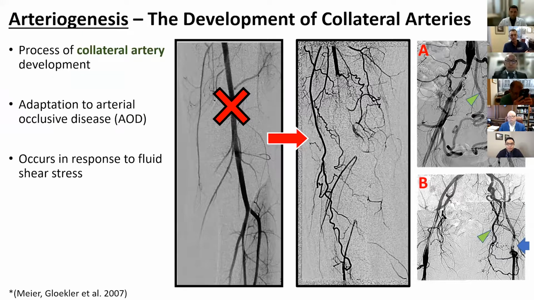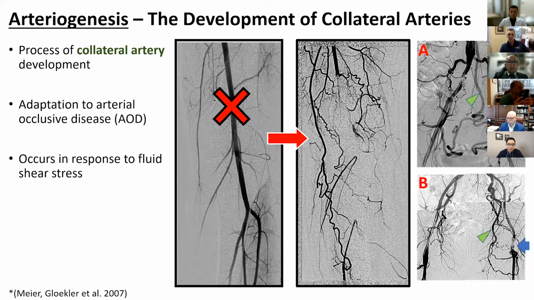So for those of you who may not be really familiar with what arteriogenesis is, it really is the process of collateral artery development. This is a natural adaptation to arterial occlusive disease. In other words, when a conductance artery becomes obstructed, naturally within the arterial network, flow patterns shift quite dramatically in some cases, and can exert certain pressures on smaller, in particular, interconnecting blood vessels.